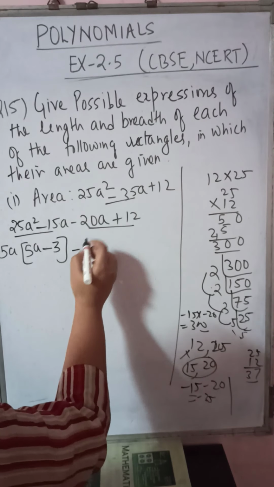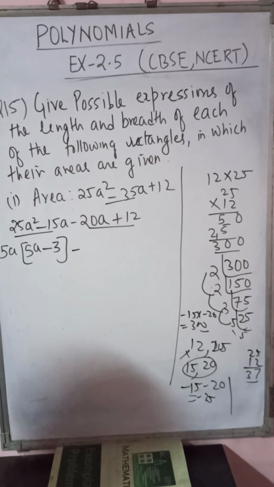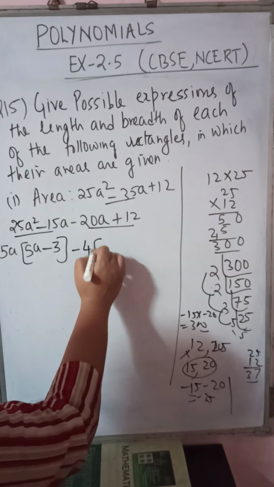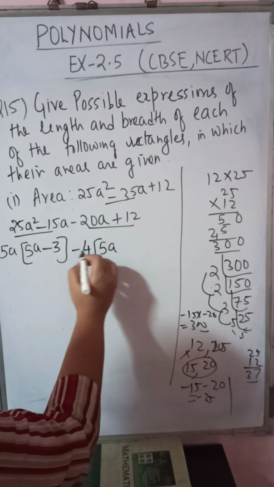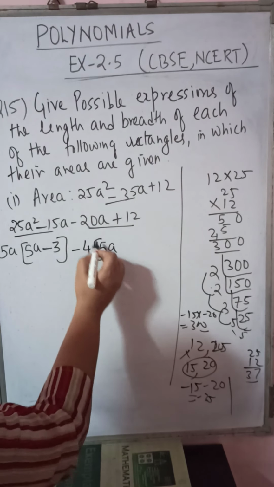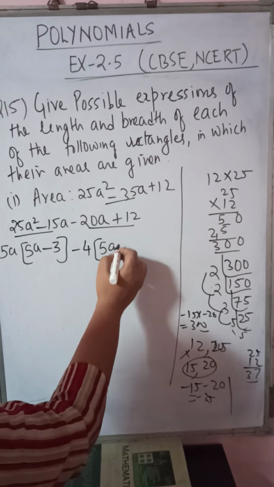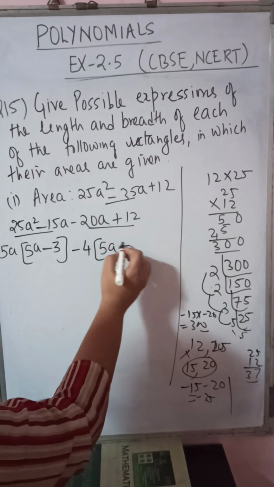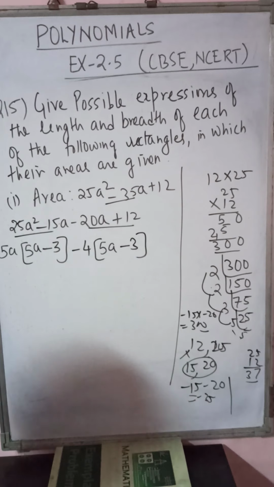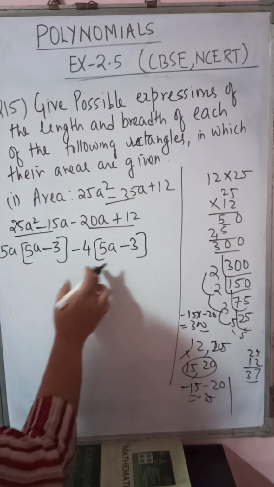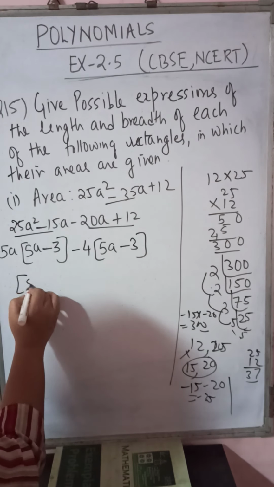Now in this what is common? I think 4. 4 5s are 20 and 4 3s are 12. So 4 you will take. What will remain inside? 5a minus sign, 4 5s are 20, a. I want plus 12, so minus into minus is plus, and 4 3s are 12. So the common factors we should get, and we have got, so it is correct.